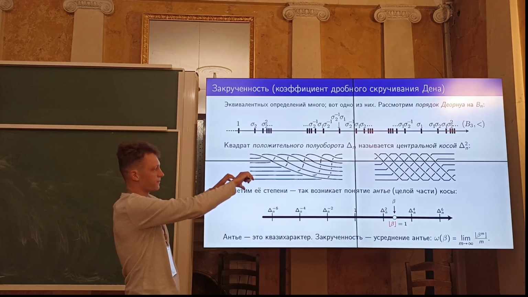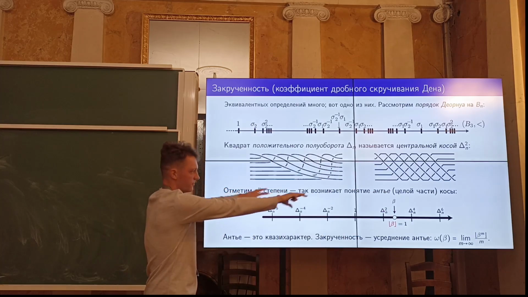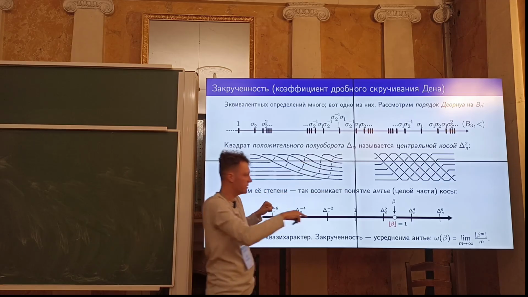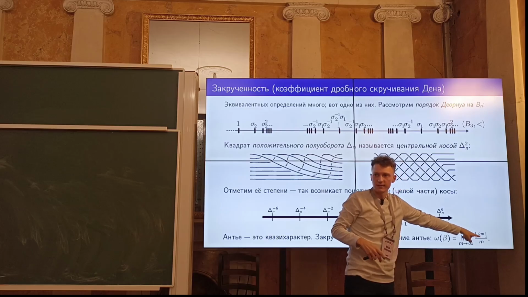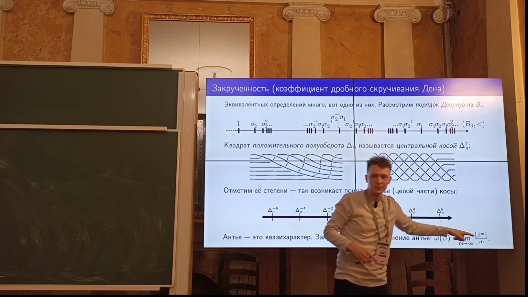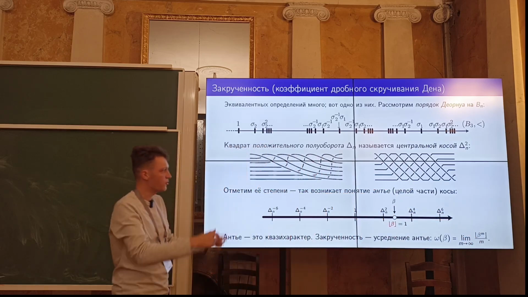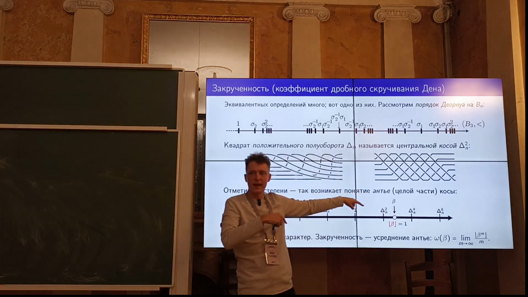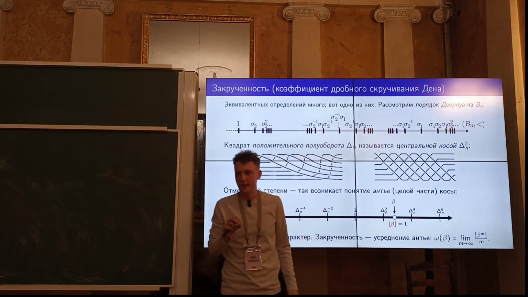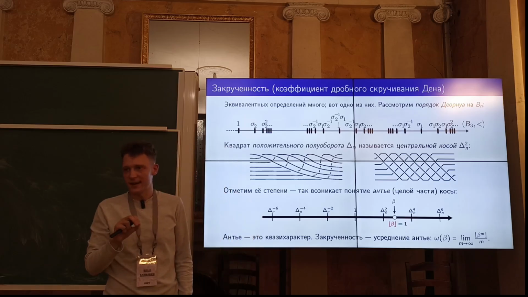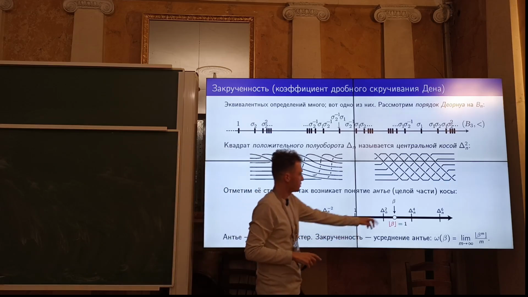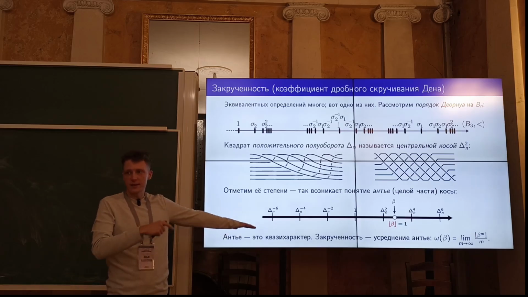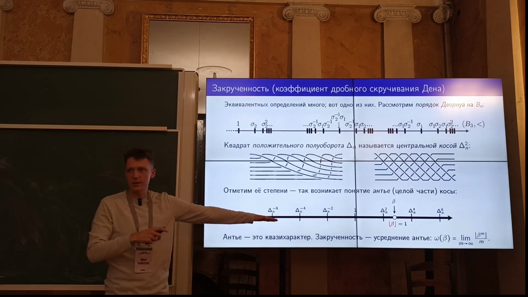You need to square your braid. Then you compare in which interval the square of the braid is. That's why we take the floor of the square, say, and then divide it by 2. If you take this limit, you will obtain not an integer, but a real number. In fact, this real number is a rational number, but I will not explain why it is so. This number is called the twist number of a braid. And the Dehornoy floor is a quasimorphism, and the twist number is a pseudo-character.